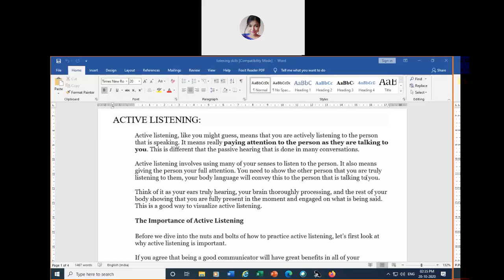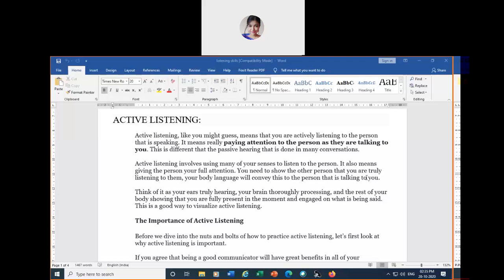Otherwise, in general, we hear a lot of sounds, but we do not choose to hear those sounds. When you choose to hear something, that is listening.